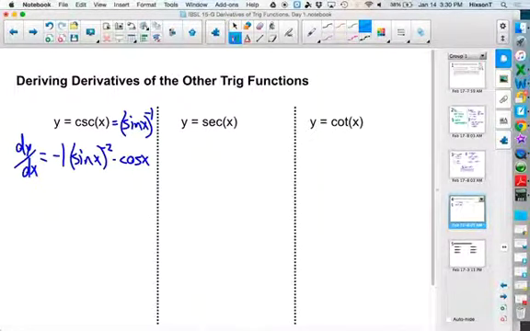Okay? So this is a negative. This is sine to the negative 2 power. I'm going to do a little bit of working with this. It's a negative 1. I'm going to make it a 1 over sine times, I'm going to take one of these two sines here and put it under the cosine.